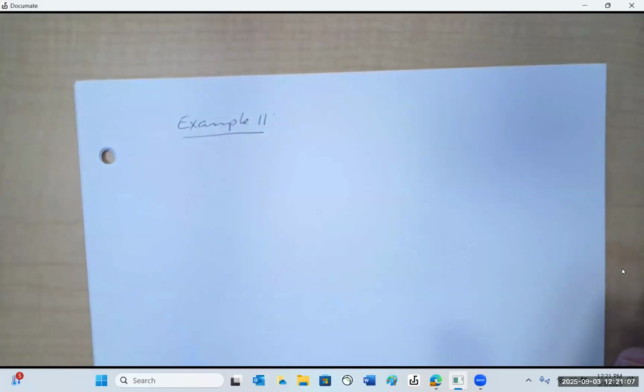Note, the equations you use for g of x and h of x do not have to be complex ones. They could be simple like the one we just did, 1 plus x, 1 minus x.